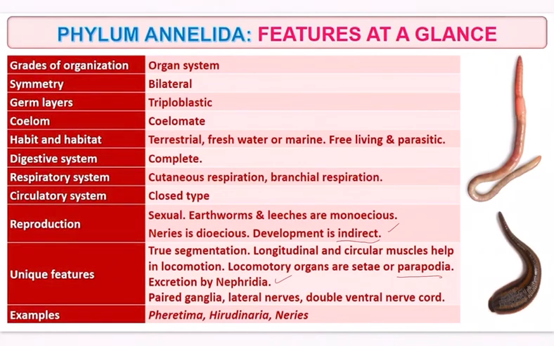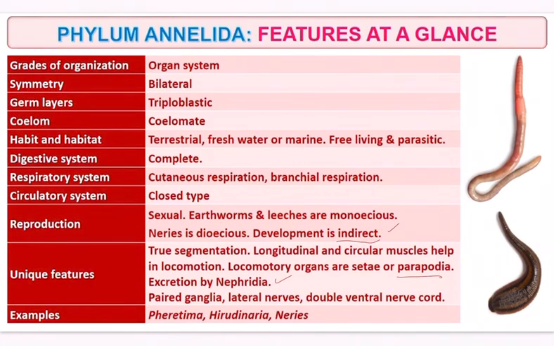Excretory system consists of nephridia, which help in osmoregulation and excretion. Nervous system consists of nerve rings and a solid double mid-ventral nerve cord with ganglia. Sensory organs are present. Both unisexual like in Nereis, bisexual in earthworms and leeches, and both the forms are found.